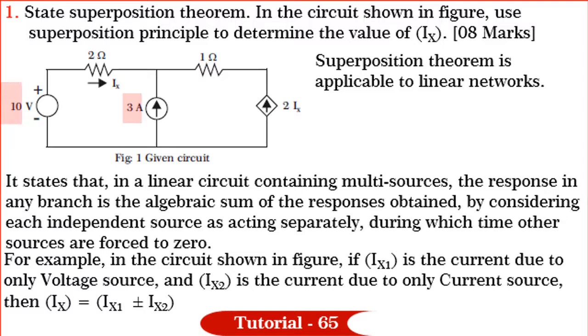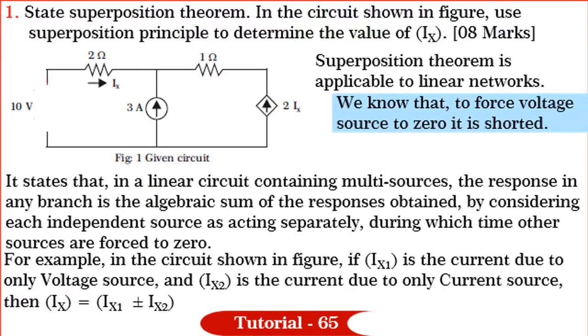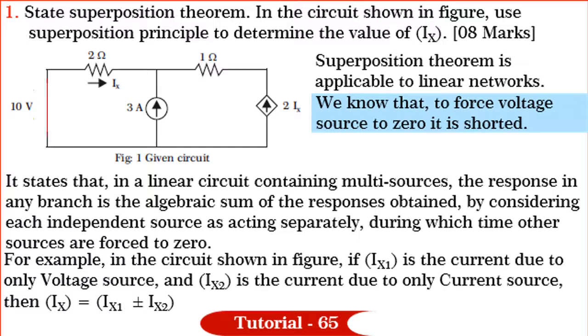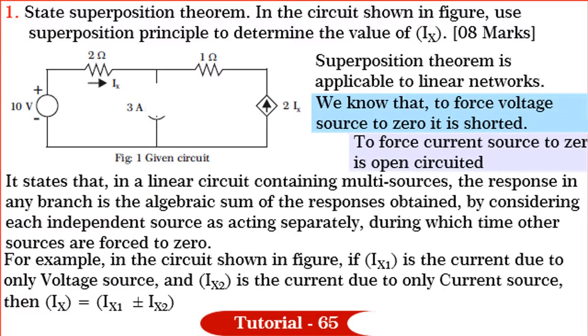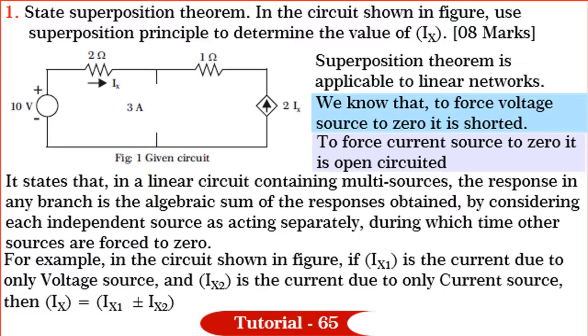Remember, we are considering only independent sources each time. We also know that voltage source is forced to zero by short circuiting it and current source is forced to zero by open circuiting it.